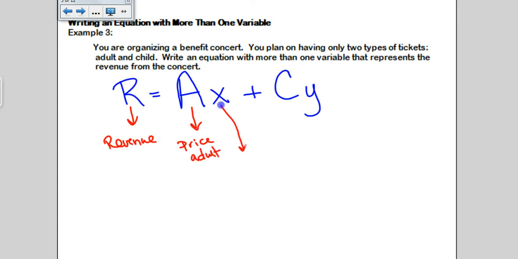And I'm going to call X the number of adult tickets. And I'm going to call C the price of a child's ticket. And I'm going to call Y the number of children's tickets.